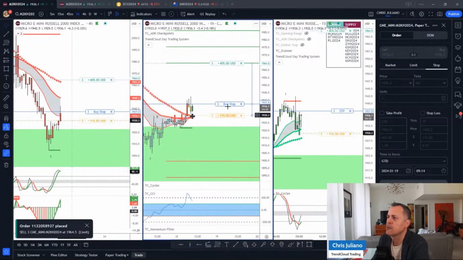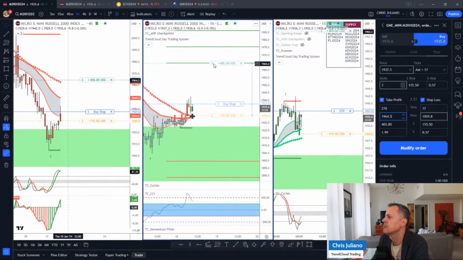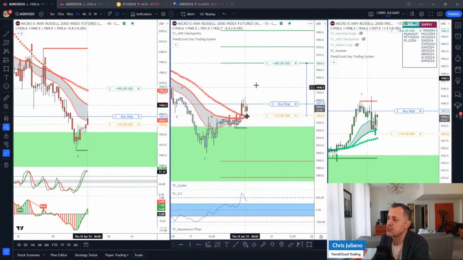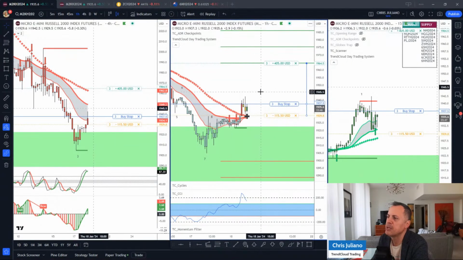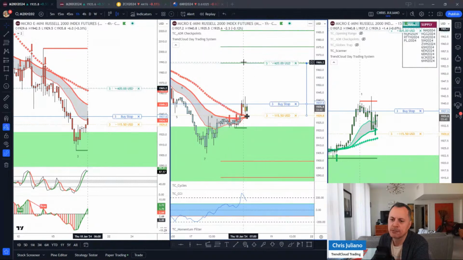That's looking almost like, what is that, 2? Oh, that's a little more than 3. That's almost 4-to-1. So if we get into this trade, we can take off half your position, maybe at 2-to-1, 3-to-1, and then take that 4-to-1. That sounds like a good plan.